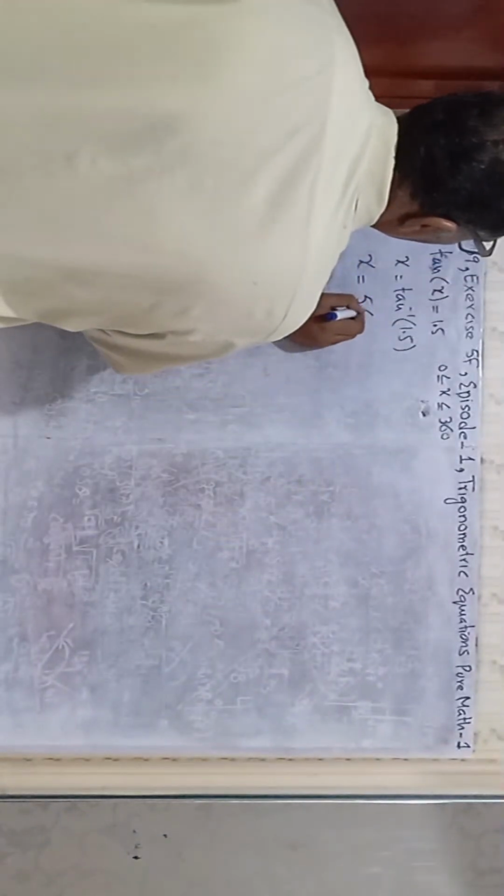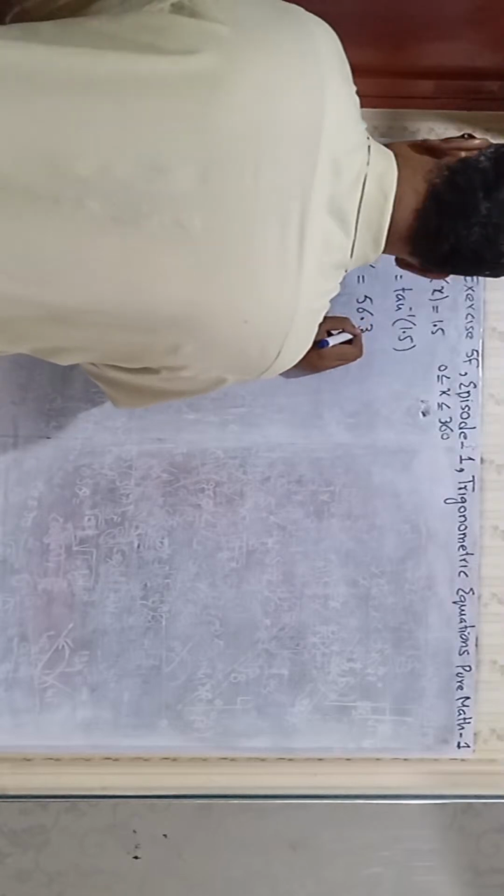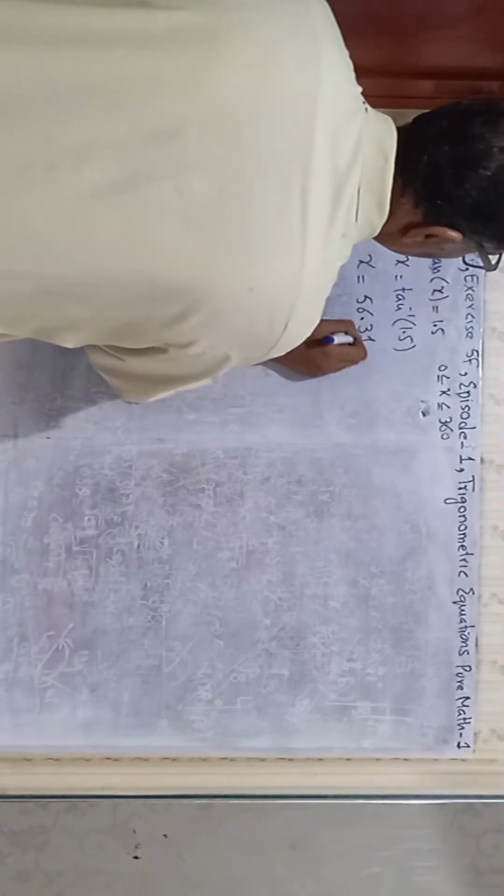We will find the tan inverse of 1.5. Shift tan and 1.5 equals, this is 56.3, or 56.31, you can say.